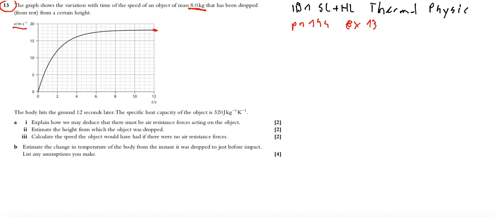The graph is a curve, not a straight line, which means that at the beginning speed increases faster than at the end, and the object finally reaches a terminal velocity or something similar. The body hits the ground 12 seconds later, and the specific heat capacity of the object is 320 joules per kilogram per Kelvin.